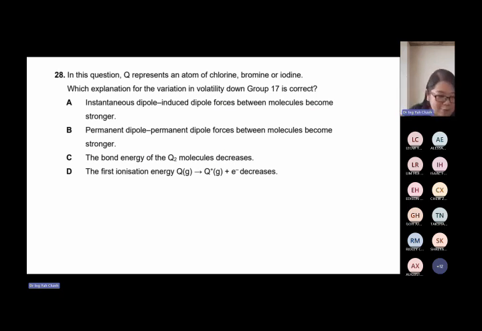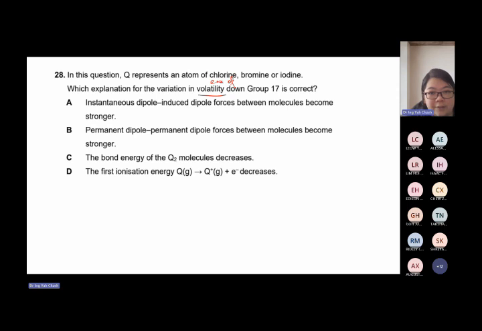Question 28 is about another compound Q again. Now Q in this question is representing an atom of chlorine, bromine, or iodine. One atom only, a halogen atom. And now they're asking you to explain the variation in the volatility down group 17. Volatility means how easily they can turn into vapor.